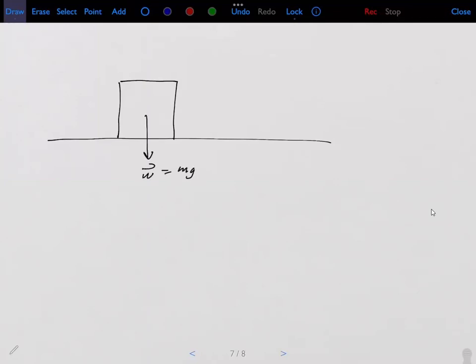Here, I'll draw the picture again. So I have the weight. I have normal force. Now it's a kinetic frictional force, right? That's resisting it. I have the applied force, which I know now.